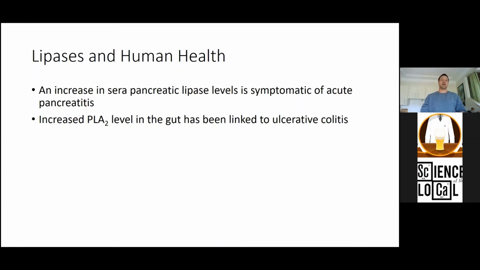And particularly in remote settings where there's often a high incidence of acute pancreatitis, often because of alcohol, that becomes a very important diagnostic. But PLA2 is also important in other inflammatory diseases, such as ulcerative colitis, which is an inflammatory bowel disease.